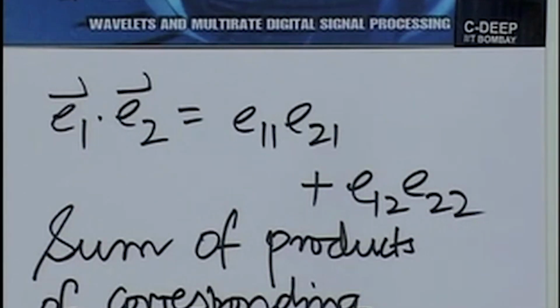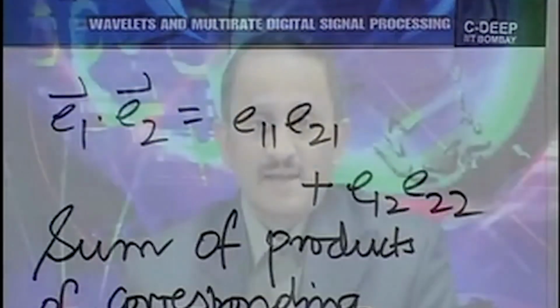Two dimensions, easy enough to understand. 3 dimensions, easy to extend. In fact, n dimensions, equally easy to extend.